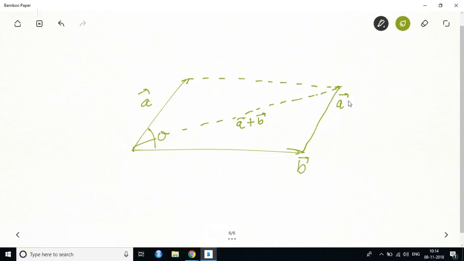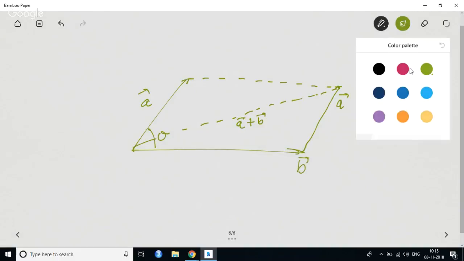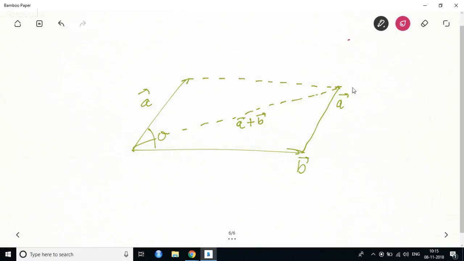Now to find the resultant, there is one construction that needs to be done. I draw a line which is perpendicular to vector B. If this angle is theta and this is a parallel line, then vector B becomes a transversal and this would be the corresponding angle theta, which would be equal.